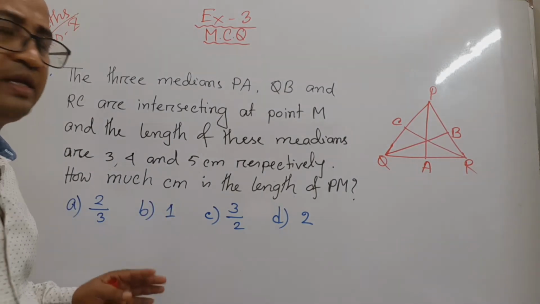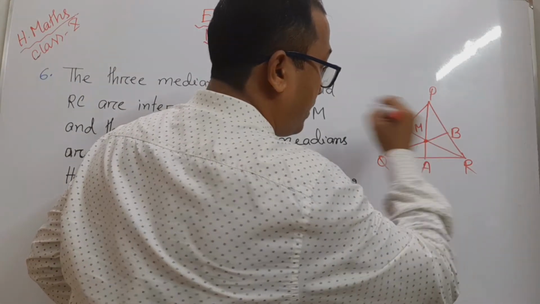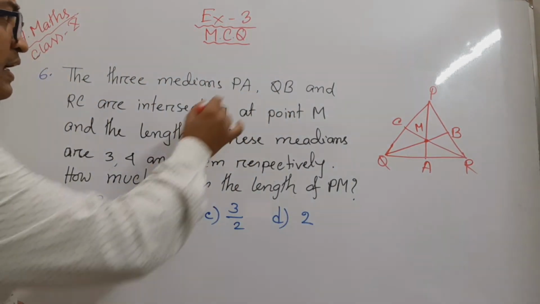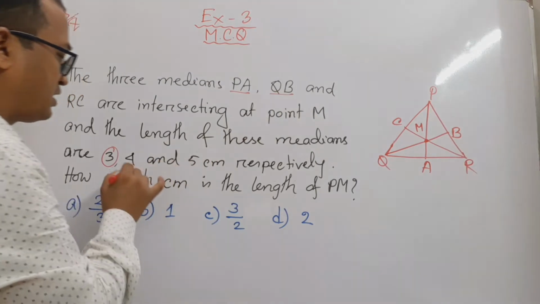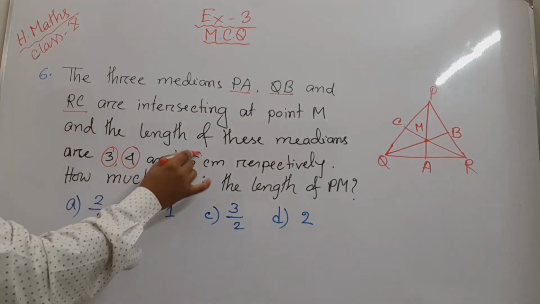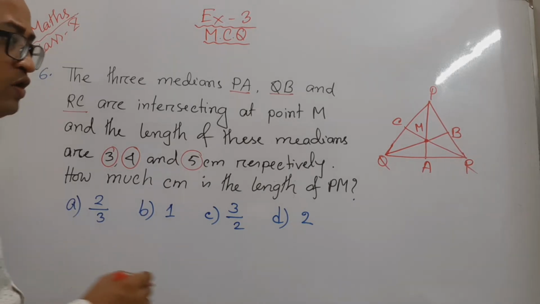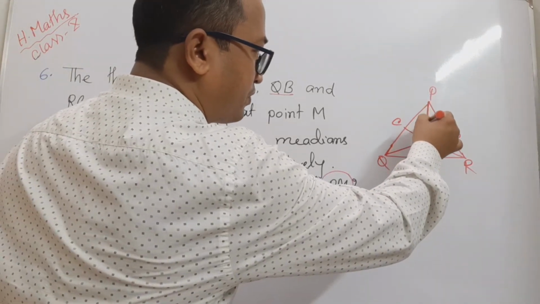These three medians intersect each other at the point M. Here the length of PA is 3 cm, the length of QB is 4 cm, the length of RC is 5 cm. We will find out the length of PM, that is this portion.